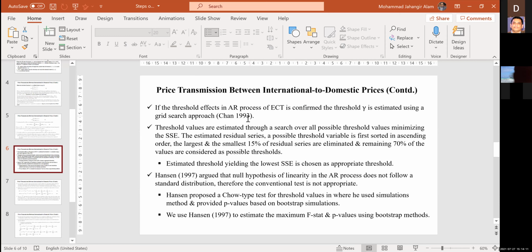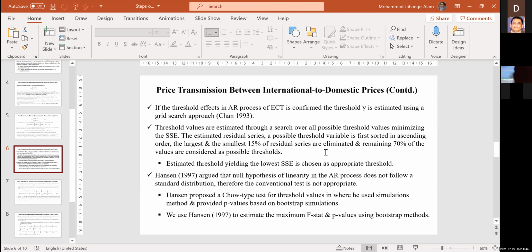It's an econometrics work published by Chan in 1993. The threshold values are estimated through a search over all possible threshold values, minimizing the sum of square errors. For example, you are playing with the error correction term, which in the OLS is simply the error term, right? So you have all these error terms, or the error correction terms, from your estimated equation number 1.